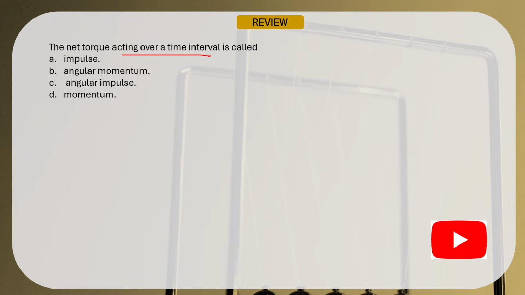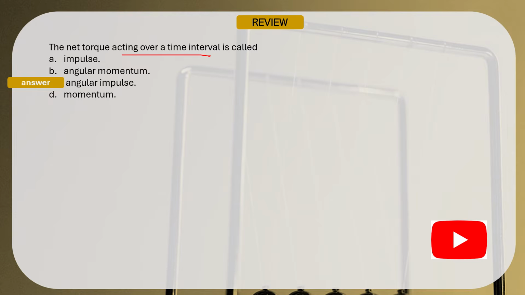It means the net torque acting when the time is running for a certain duration of seconds or minutes. It's not division. So the net torque acting over a time interval is called the angular impulse.